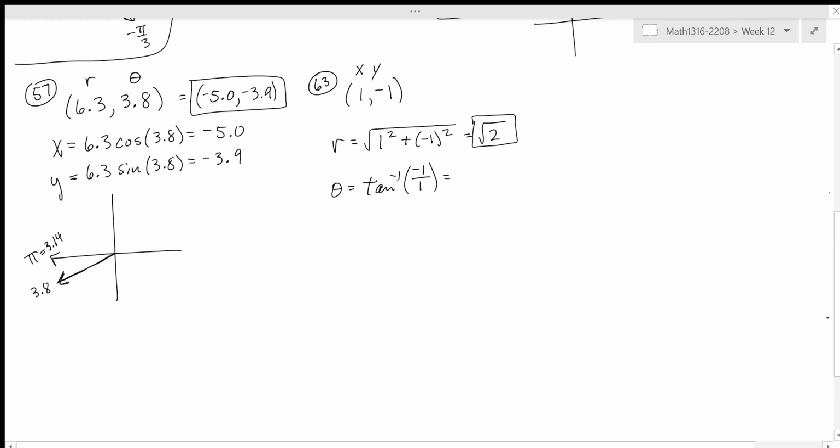And then what is the inverse tangent of negative 1 over 1? Negative pi over 4. And I'm going to guess that you're in radian mode since you gave me a radian angle.